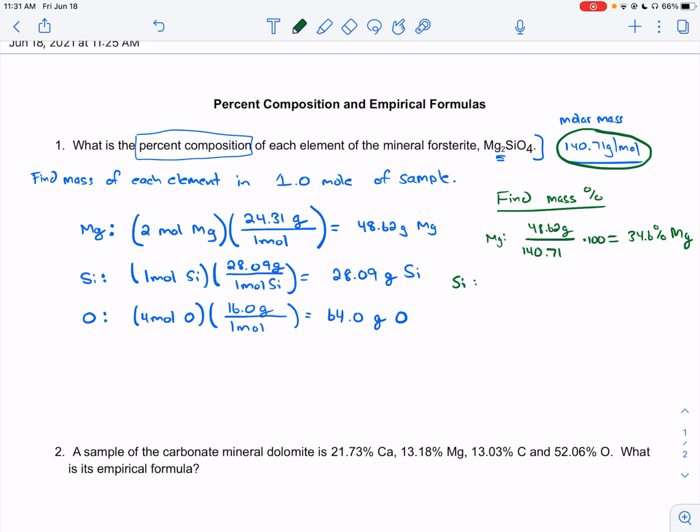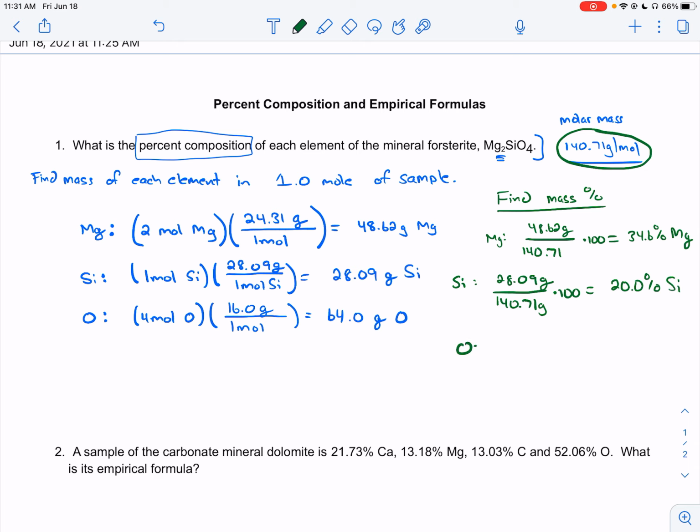Same thing for silicon. So again, we can do 28.09 grams divided by 140.71 grams times 100, and I get 20.0% silicon.